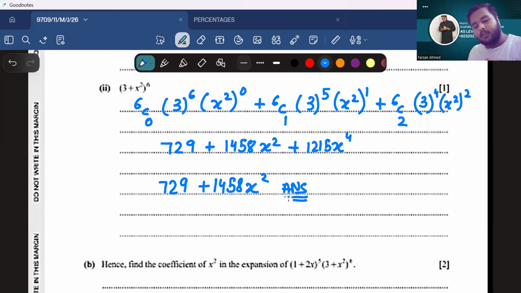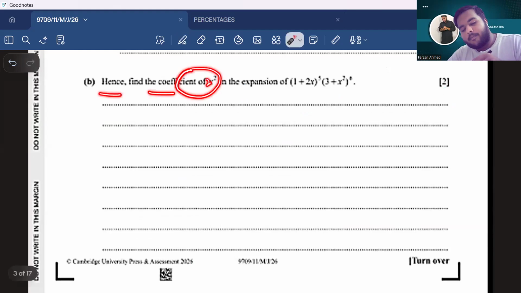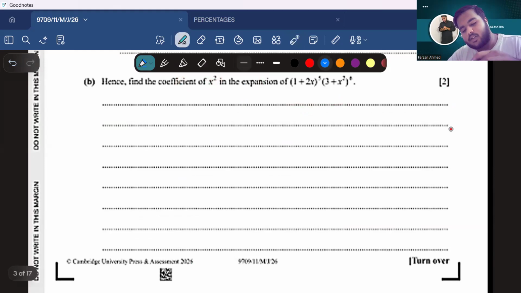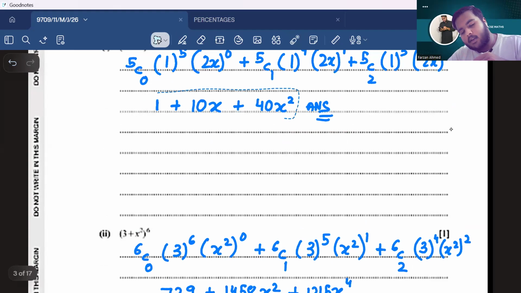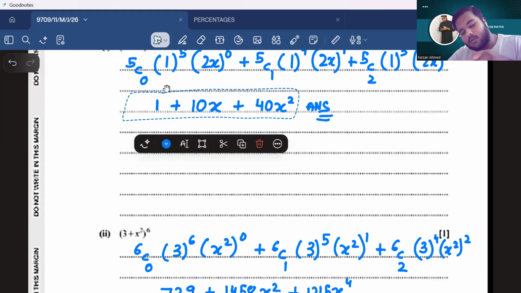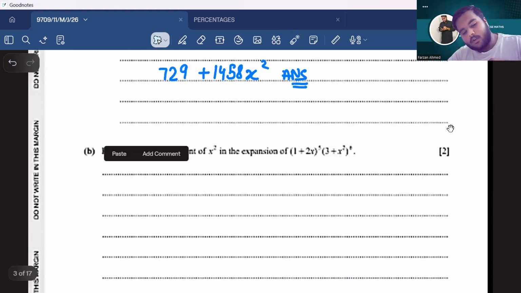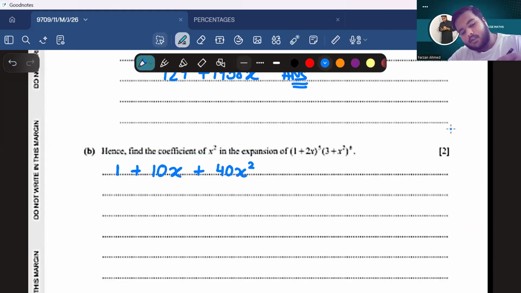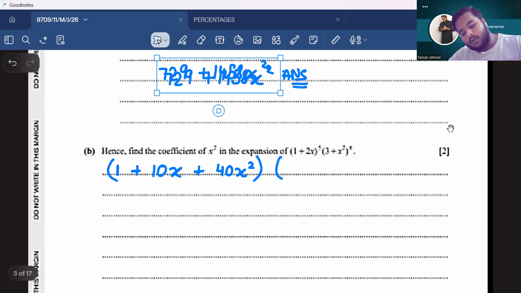Now in part B they are saying hence find the coefficient of x square in the expansion of this. So we'll copy the expressions. We got this in part A, part one, so we will copy it and paste it. So the first expression is this, and the second expression is from here.